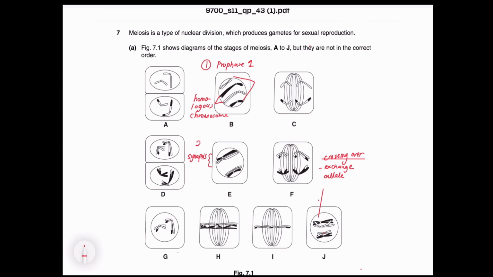So this will be step 2 for E, and step 3 will be crossing over, which is still part of prophase 1. So after they are done exchanging the alleles, the spindle fibers will pull and arrange the chromosomes to the equator. This will be step 4, metaphase 1.